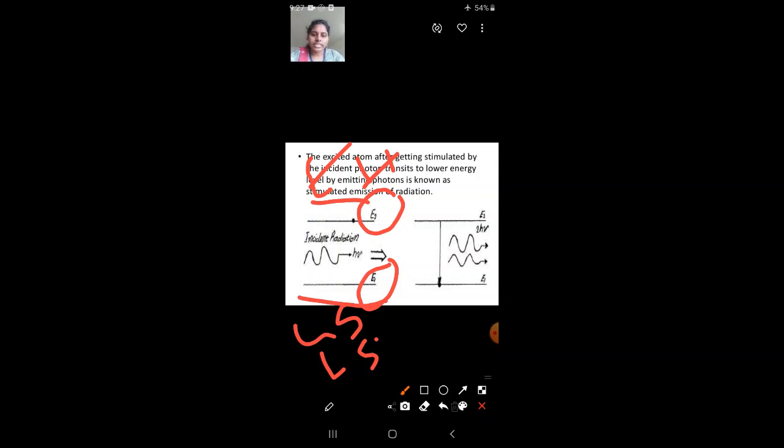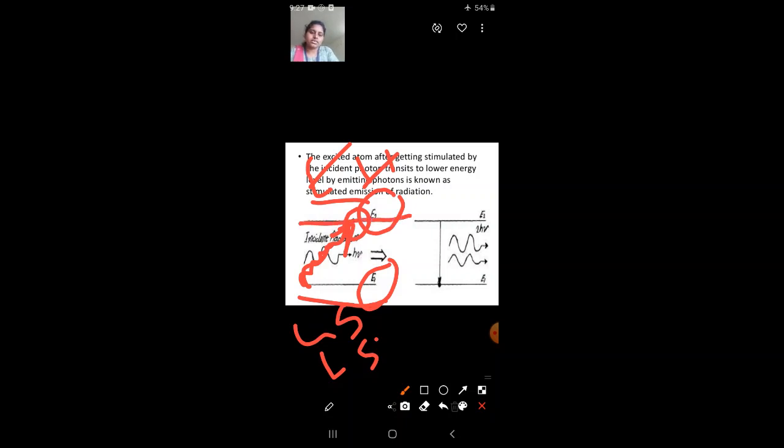So in this case we have to supply some energy to this particle or atom. Already the atom existed in the excited state, but before the lifetime ends you have to supply some energy to that particle.